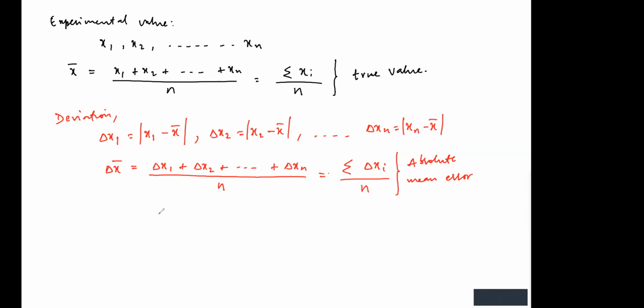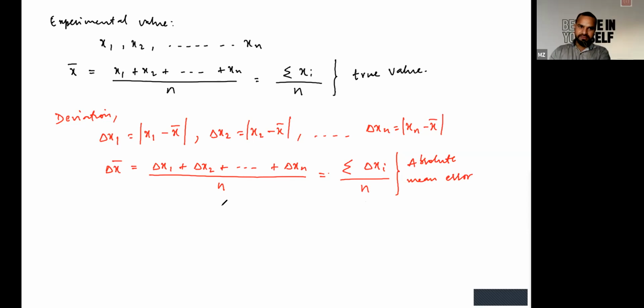Yes, sir. Now, from these two different values, you can write your result as true value plus minus the deviated mean, or we can say absolute mean error.